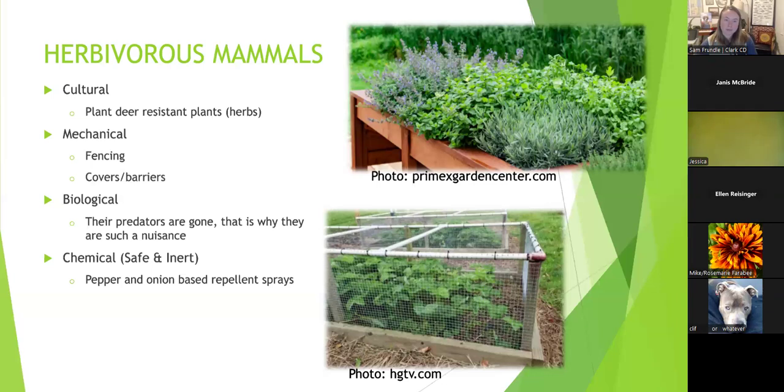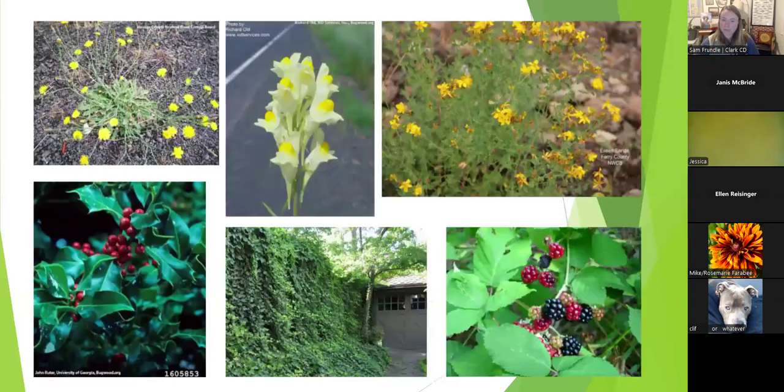So, okay, weeds. Yay. A lot of us have these weeds in our yard. So, pictured here, this is called cat's ear dandelion, the one in the top left. And then below that is holly. Holly is a weed. In the center, the very pretty yellow one, I call it butter and eggs.